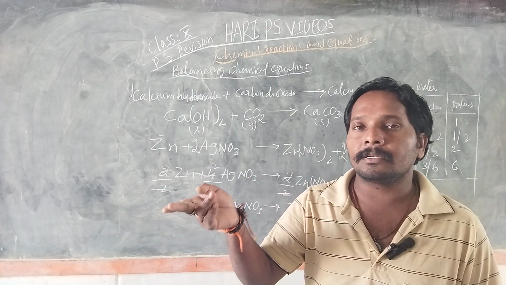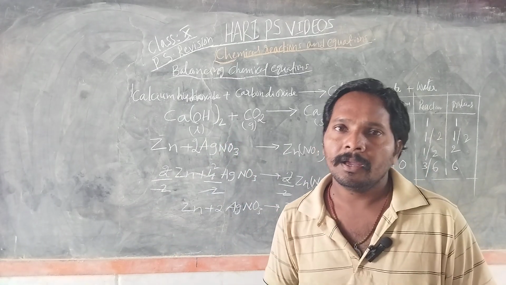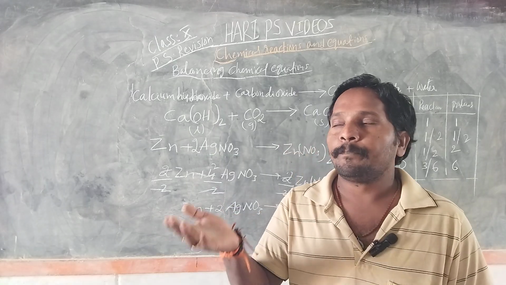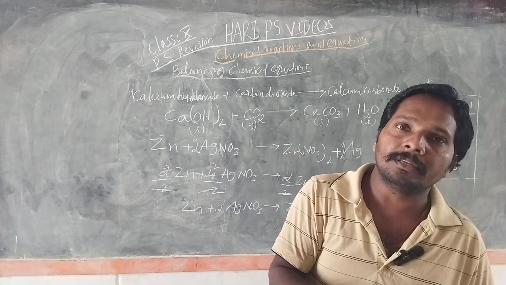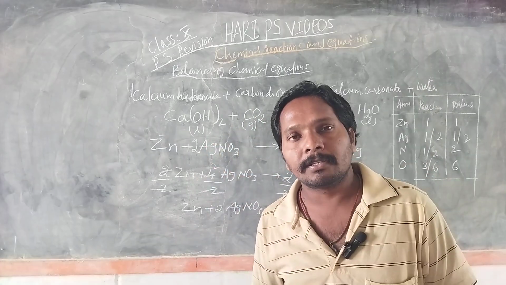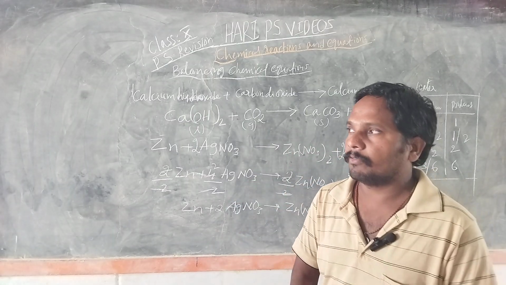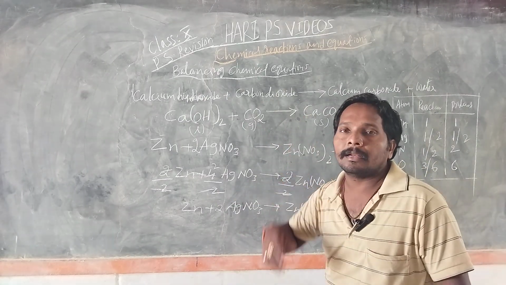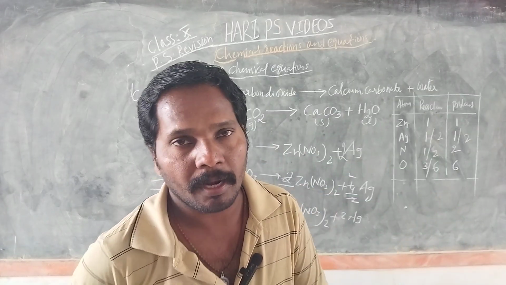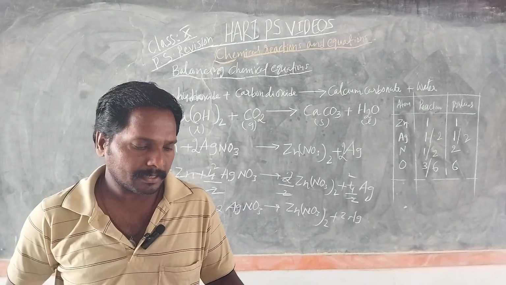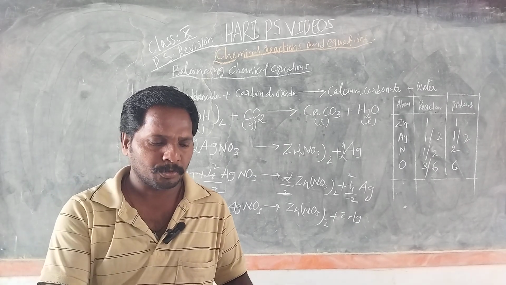Displacement reaction we discussed, double displacement reaction we discussed, oxidation we discussed, reduction also we discussed, reversible reaction and irreversible reaction also we discussed along with the flow. And these are the balancing chemical equations. So let us discuss other 8 marks questions.